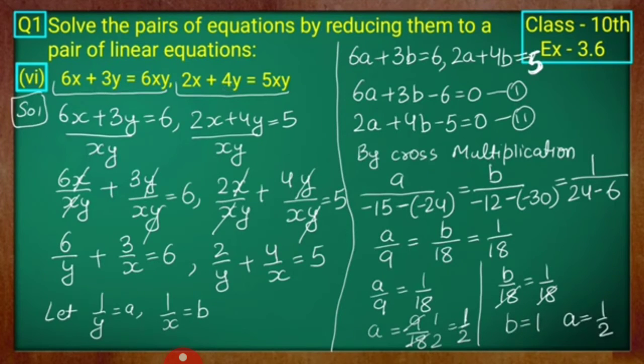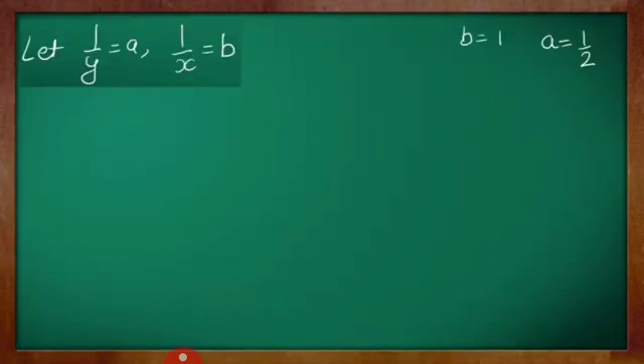Now put the values of a and b in the terms of x and y. Now see, 1 upon y is equal to a and 1 upon x is equal to b. We have already let that. So the value of a is 1 upon 2. So 1 upon y is equal to 1 upon 2.